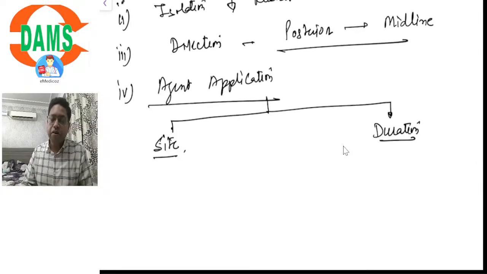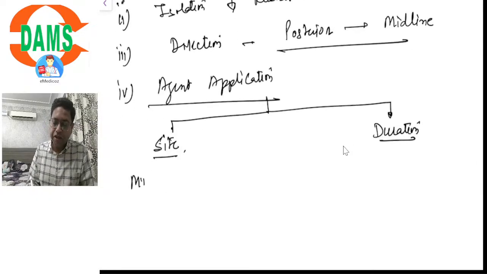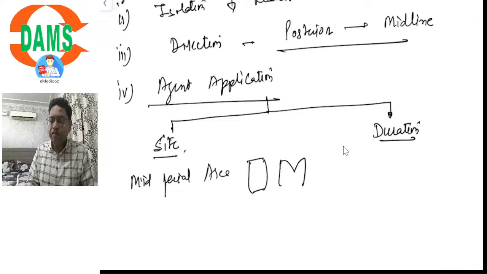If we talk about site of application, it should be the mid facial area of the tooth. This is an anterior tooth. This is a posterior tooth. The agent has to be applied onto the mid facial area of the tooth being tested so that maximum possible stimulation of the viable A delta nerve fibers occurs.